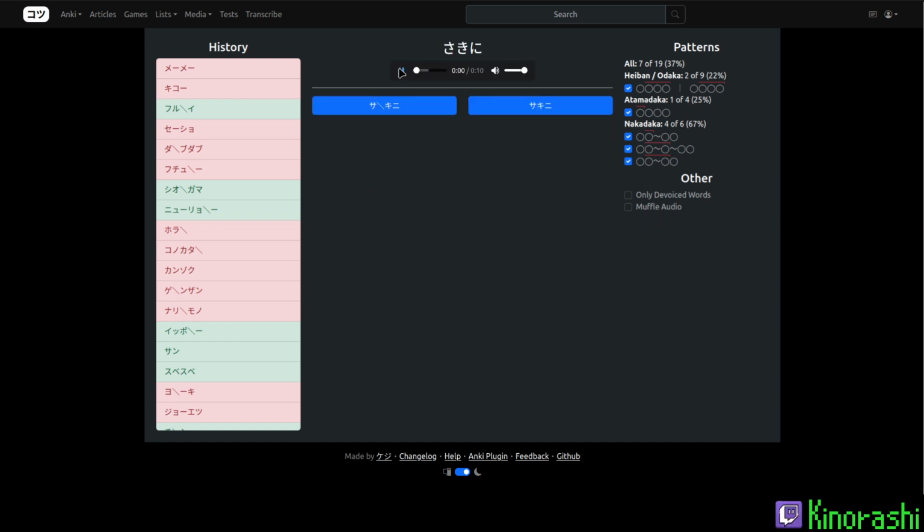Saki ni. Saki ni. What's this? Ano. Oh, it turns out it says, Anoko o mei mei shita koto ga aru. Not sure.